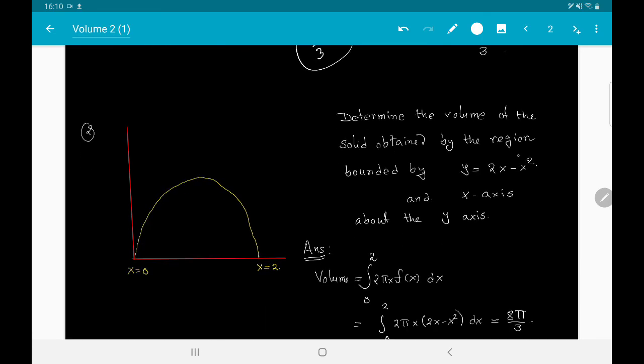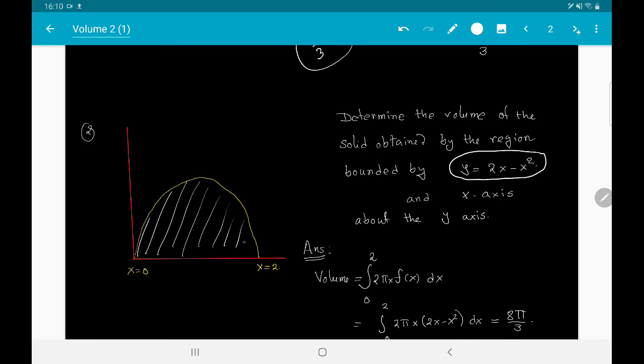Here we are given a region which is bounded above by the graph of the equation y equal to 2x minus x squared and bounded below by the x-axis. So this is the region that we are going to have. First let us determine where this graph of the function cuts the x-axis, and for that we have to just put y equal to 0.